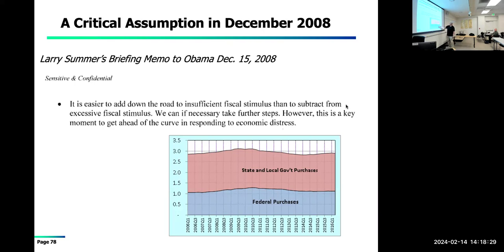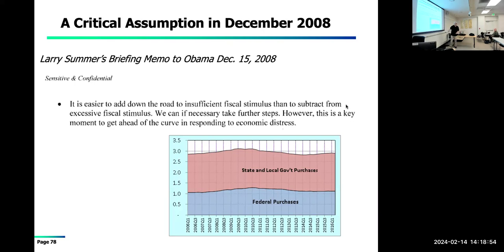And all you have to do is look at what occurred. Here's 2010, and look at this. The total government purchases of goods and services, the federal government and the state and local governments, actually went down while the economy was weak. So the stimulus in the economy is from what do they purchase?